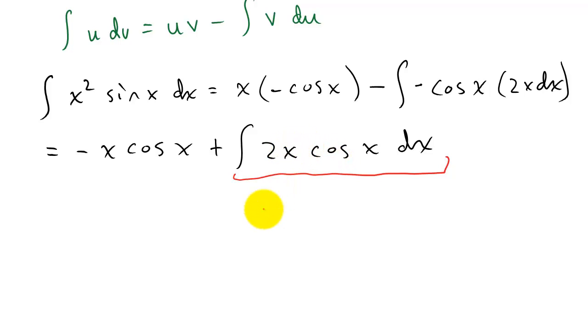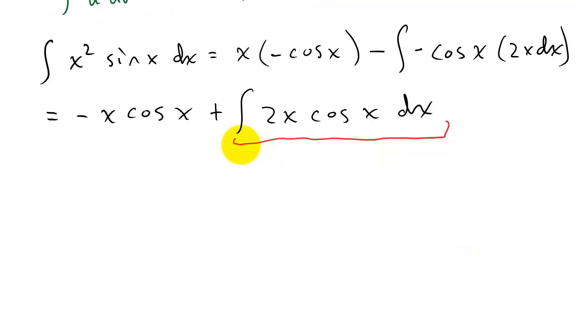So we have to do integration by parts a second time, just on this part right here. I'm just going to simplify it, wait, and use integration by parts on this, and then I'll combine whatever I get for this and this. So all I'm going to do now is look at this part.